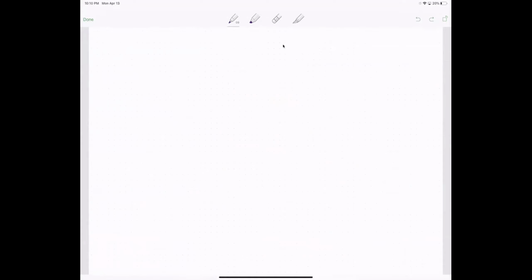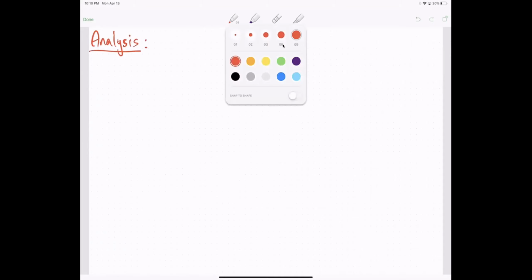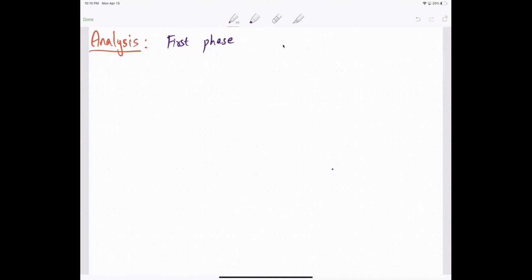Okay, so now let's dive into the analysis. By the way, I should just write it down that in the first phase there was independent randomized rounding happening.